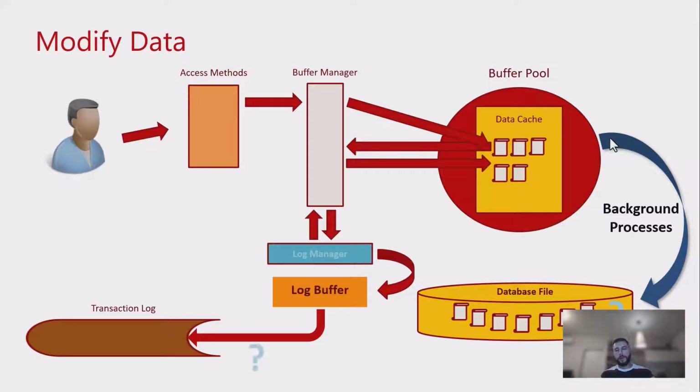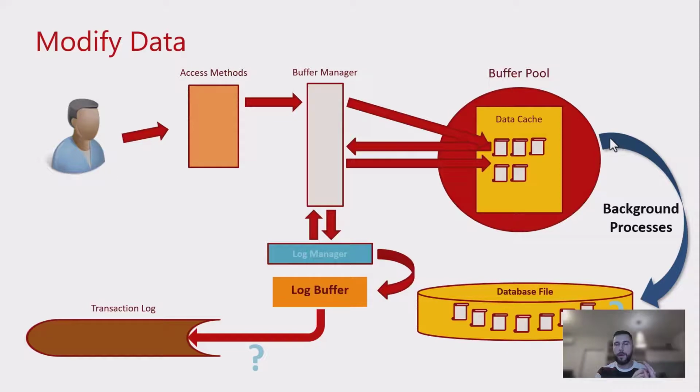Okay, and one more point I want to highlight here is when data is going from the log buffer, a small piece of memory inside the SQL Server buffer pool, to the transaction log. First case is when a transaction finishes. Insert, update, delete can be considered as a transaction as well.